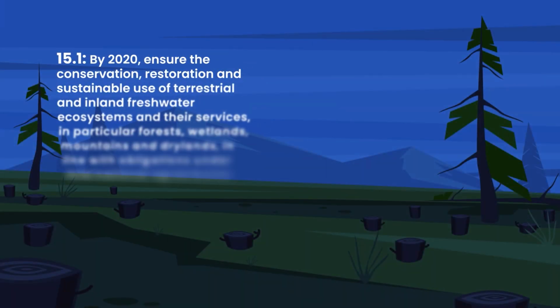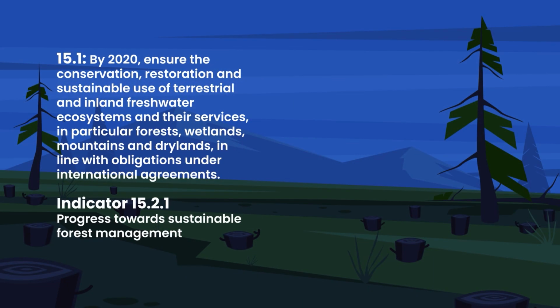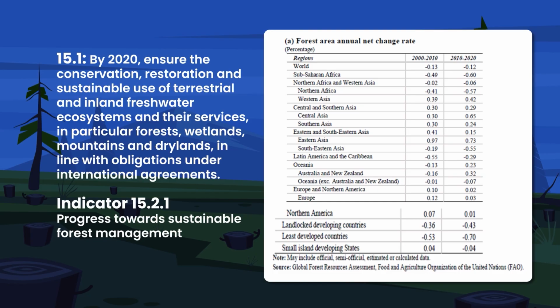Here also, if you look into the global data, you will find the forest area annual net change rate. When we look here, we are talking about sustainable forest management, progress towards sustainable forest management as an indicator. If you look at that, you will find that the annual net rate of change in forest area, we are not doing well.